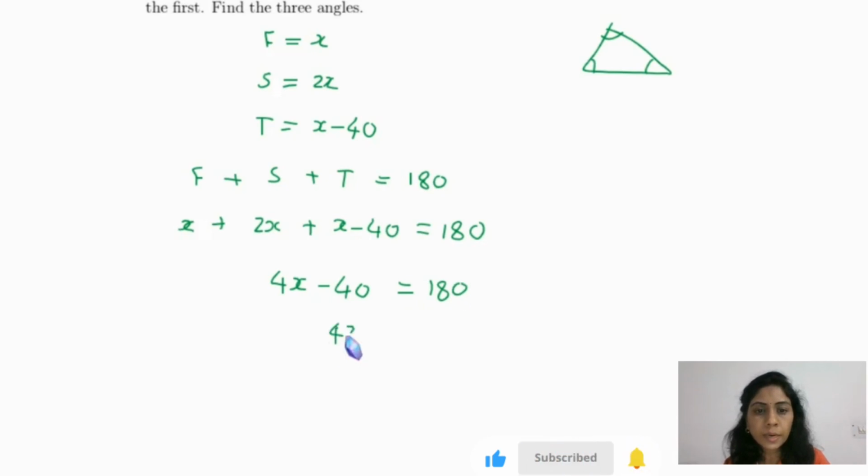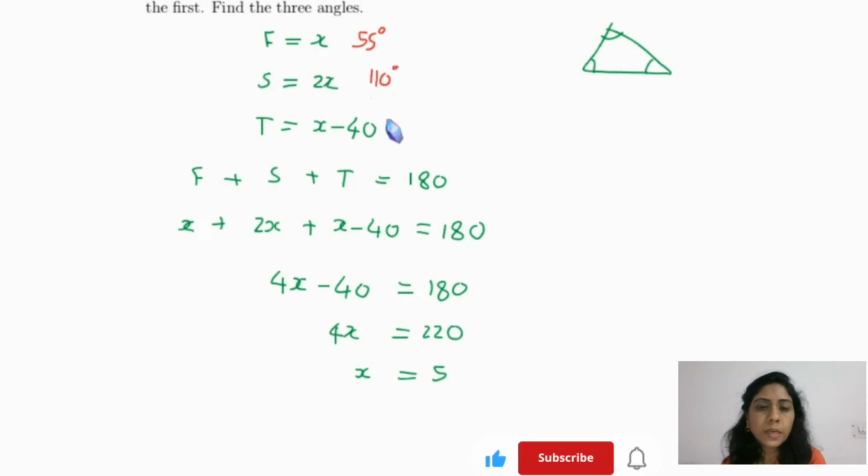Now both side add 40, so we get 220. And now both side divide by 4, we get 55. So first angle is 55 degree, second 2 times x, so you can multiply 2, 110 degree, and third angle is 55 minus 40, which is 15 degree.